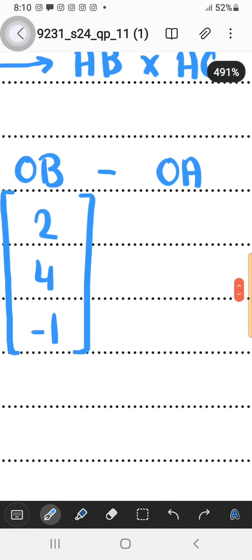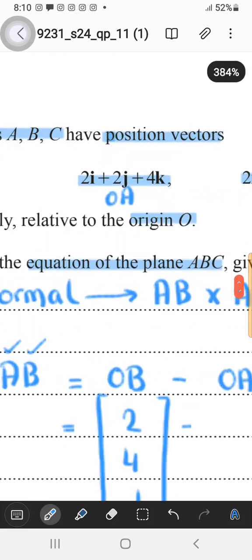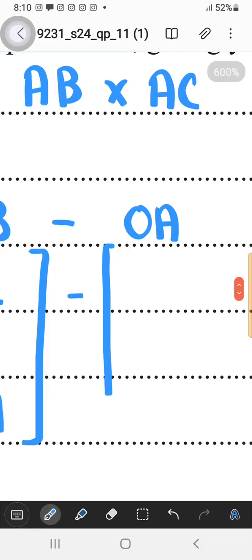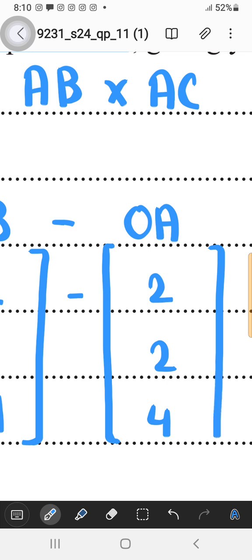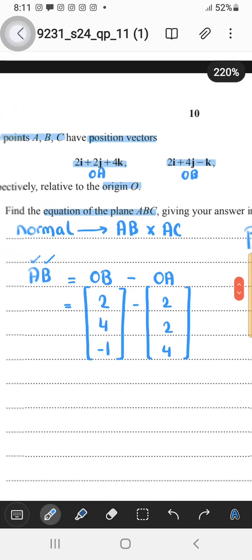There is nothing issue. Then I have to write OA. In OA we have 2i, 2j and 4k. So I will write 2, 2, 4. The point is this: there should be i and i, j and j, and k and k. Okay.